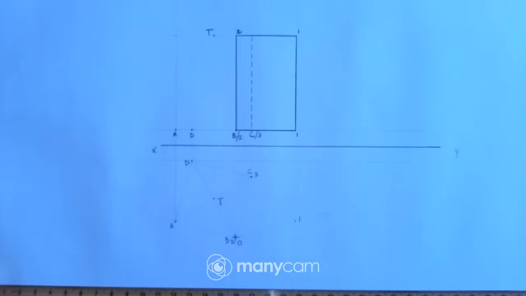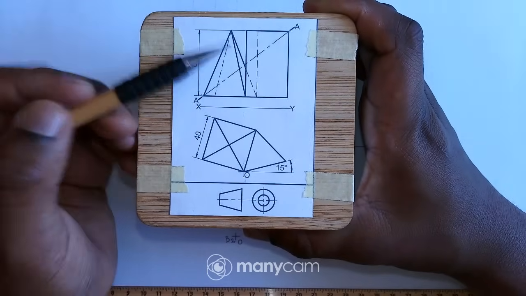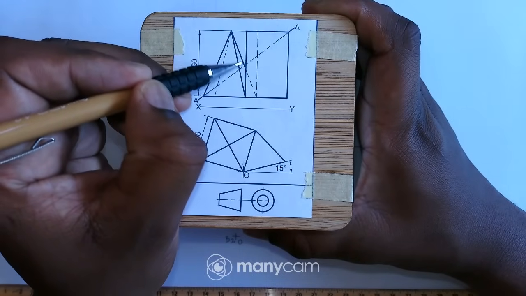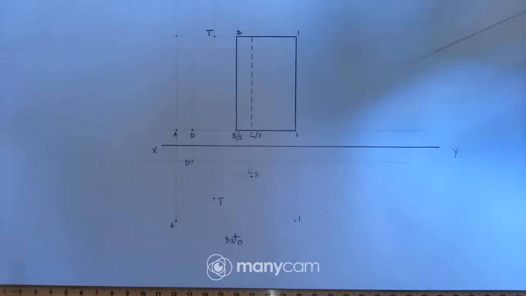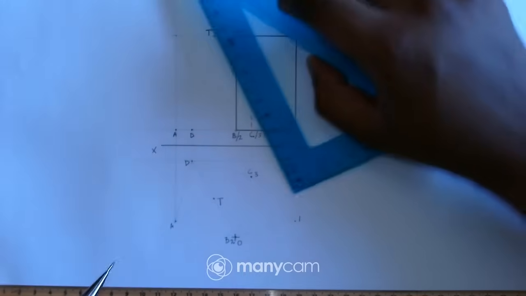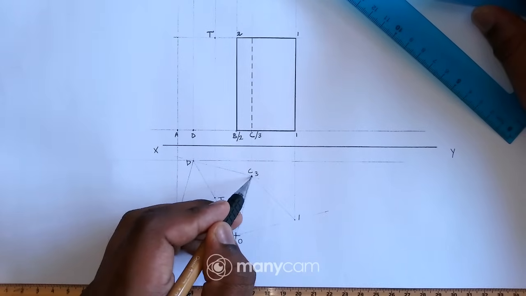Okay, and then now I'll have to draw the pyramid. So as you can see, that edge of the pyramid from here to there, it's hidden, right? Okay, so it's this edge there, TC, right?